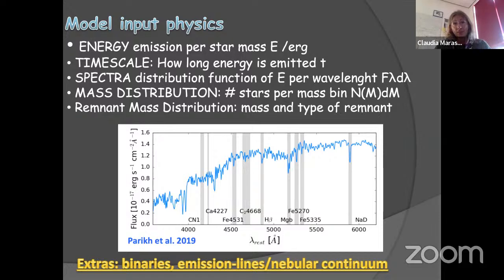Now, I call them extras because they do not really stem from stellar evolution theory, but they are either assumed, like the fraction of binaries, or empirically set from observation, like the nebular continuum. However, they are becoming very popular due to the fact that we observe galaxies at higher and higher redshift.